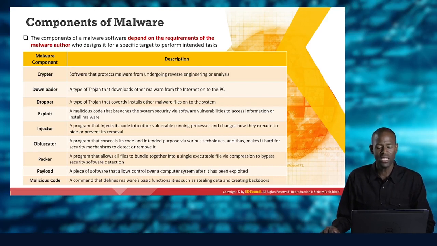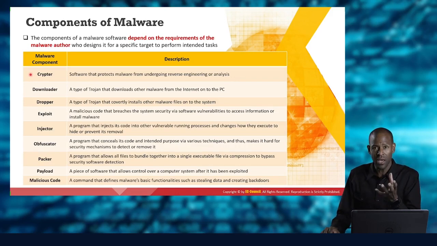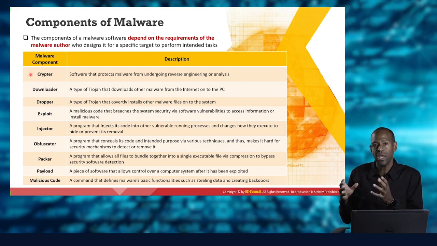The first one we have is a cryptor. What it does is it tries to make sure that the malware is not vulnerable to analysis. People like you, network system engineers, ethical hackers, take the malware sample that we find on a system, the executable and anything related to it, into a malware analysis lab, and we take it apart to find out what it does.